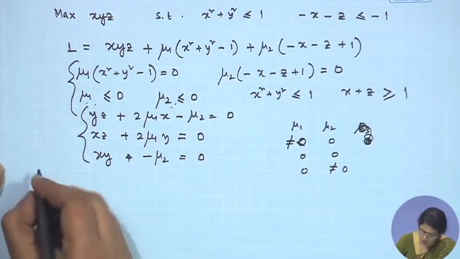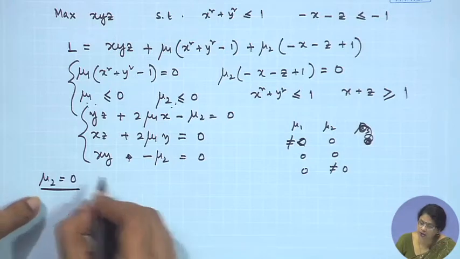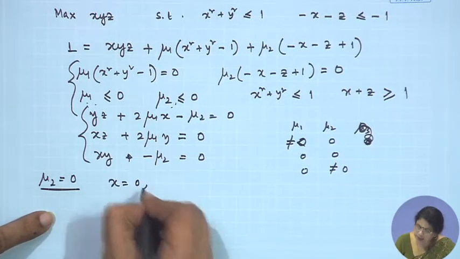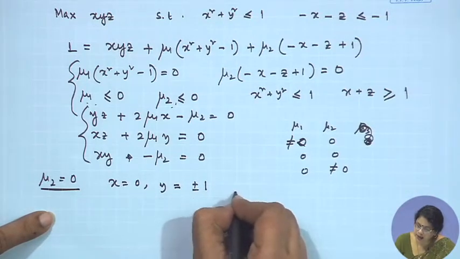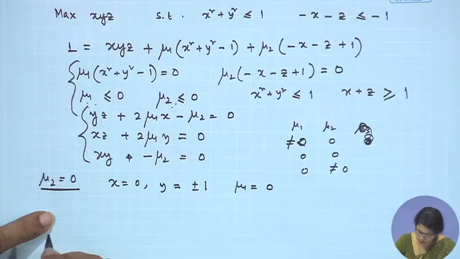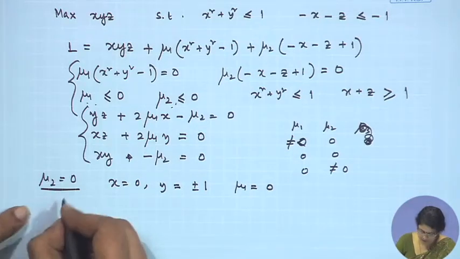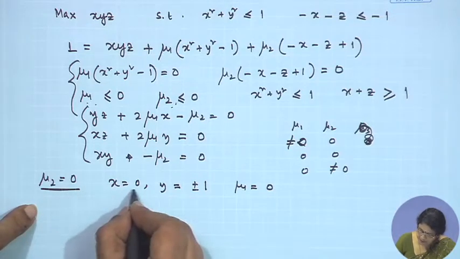If we just solve with mu 2 equal to 0 and mu 1 not 0, we get the solution x equal to 0, y equal to plus minus 1 and mu 1 equal to 0. Just to check whether this is a KKT point or not: if mu 2 is equal to 0, then we get xy equal to 0.